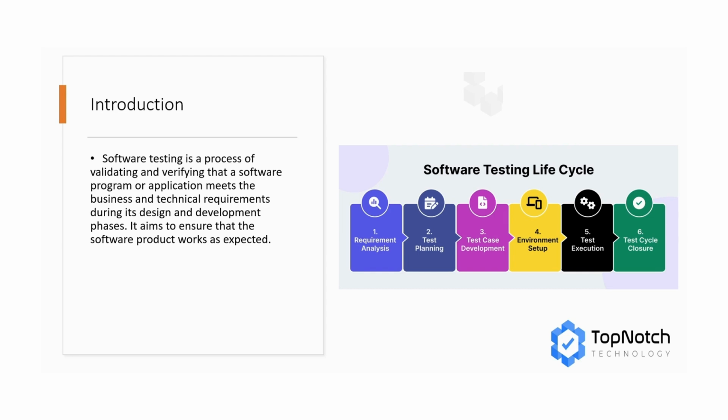But before I start with the software testing life cycle, I will talk about software testing. Software testing is a process of validating and verifying that a software program or application meets the business and technical requirements. So, software testing aims to ensure that the software product works as expected.